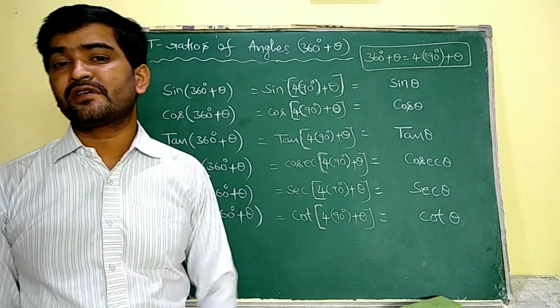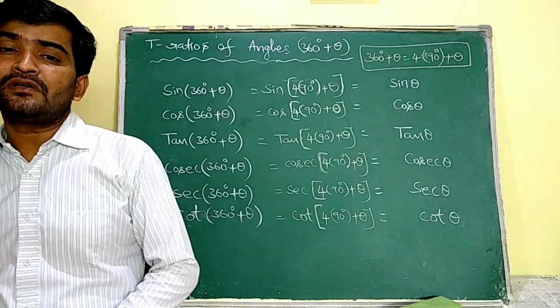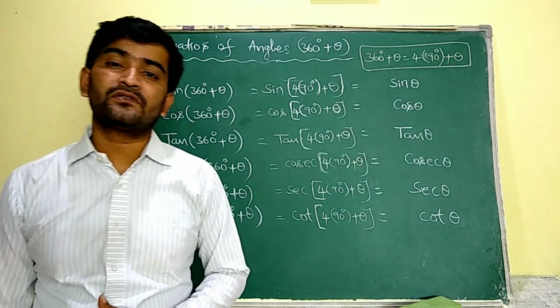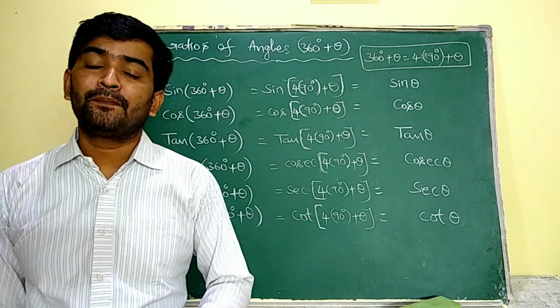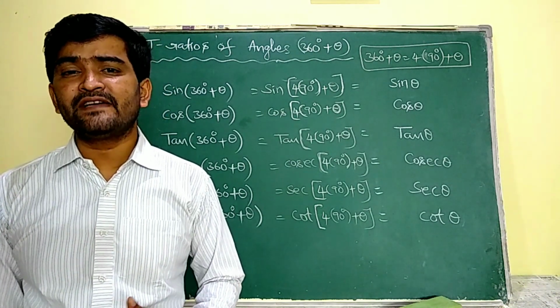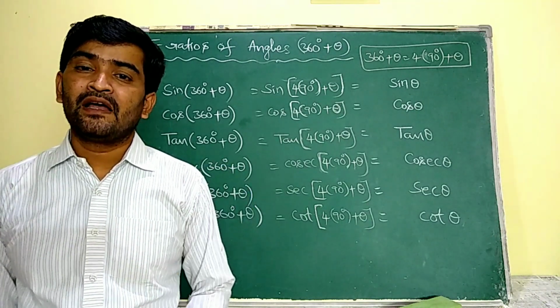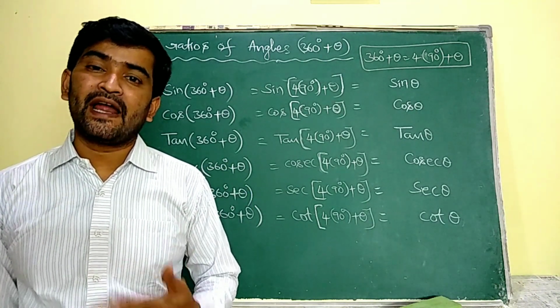All those trigonometric ratios are positive in quadrant 1. Okay, in this way, we are going to calculate the trigonometric ratios of the angles 360 plus theta. These are the different easy ways to find the trigonometric ratios of the given angles, that means for any magnitude.